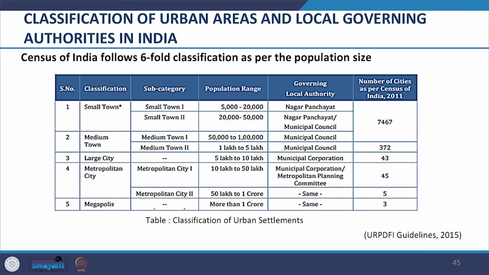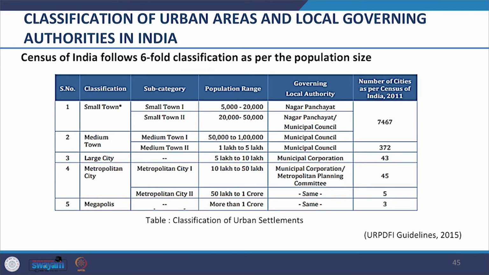And accordingly, this table also gives, as per the 2011 census, that we have a huge number of small and medium towns, which is like 7,467 cities which are currently small towns. We also see that in the medium category, we have 372 cities. Large city, we have nearly 43 in our country.